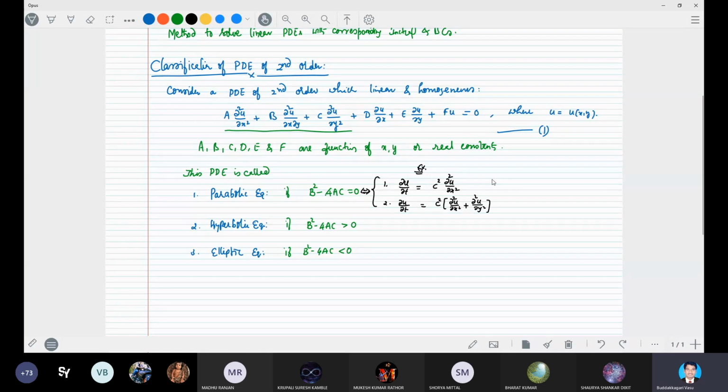This is the one-dimensional heat equation. This is the two-dimensional heat equation.